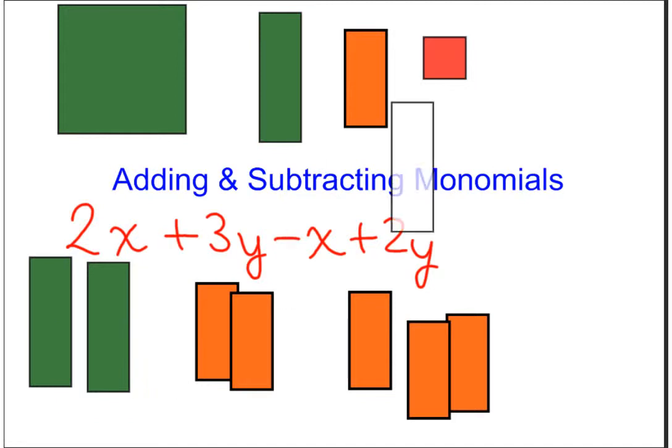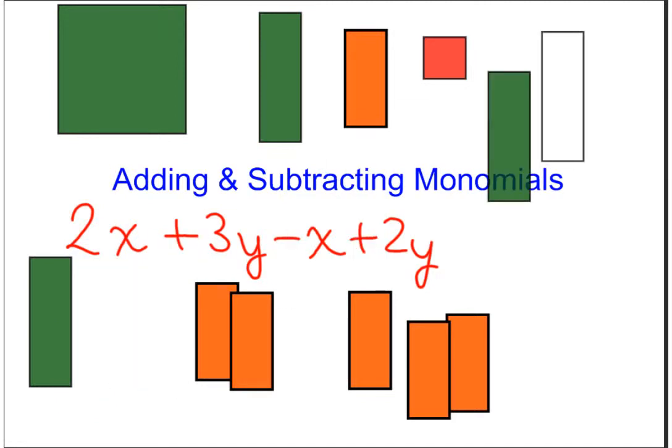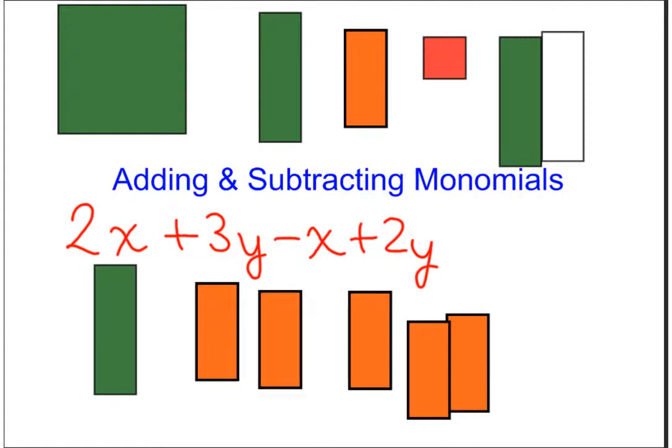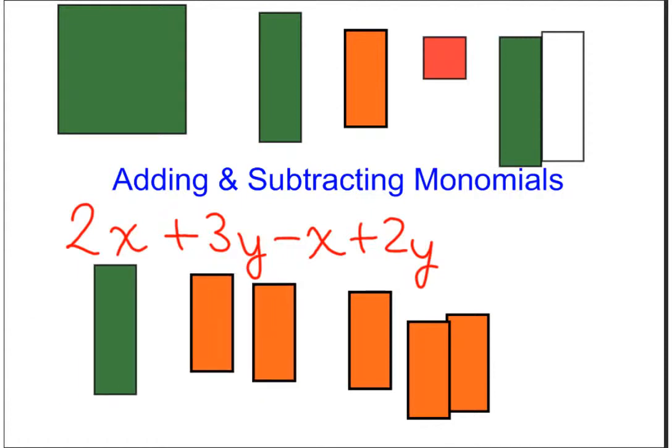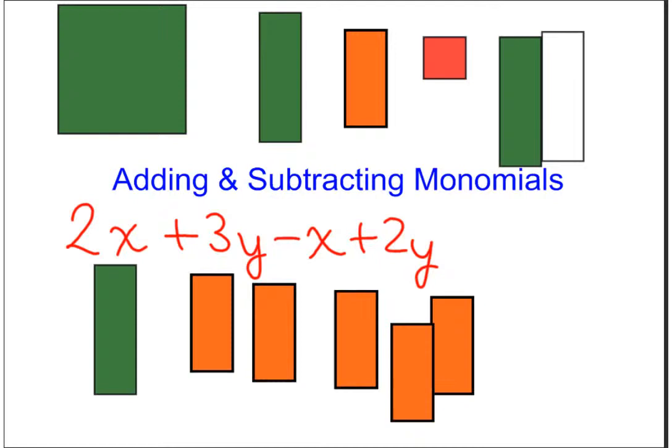Let's get rid of these tiles using zero principle. And it's pretty clear that the answer now is x plus, well, let's see here, 1, 2, 3, 4, 5y. So x plus 5y is the simplified expression.